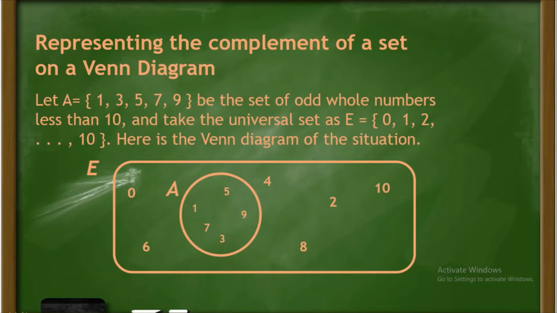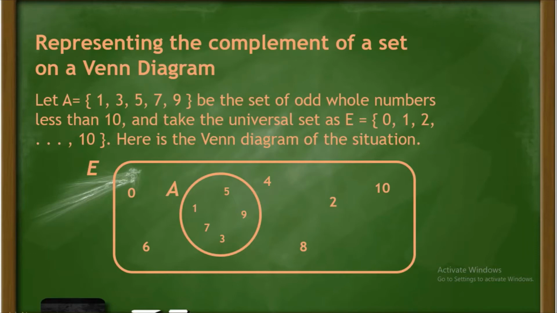And they are not included in A. Thus, the region outside the circle represents the complement of A. So, itong mga numbers na to outside from A, which is number 0, 2, 4, 6, 8, 10, that is the complement of A.